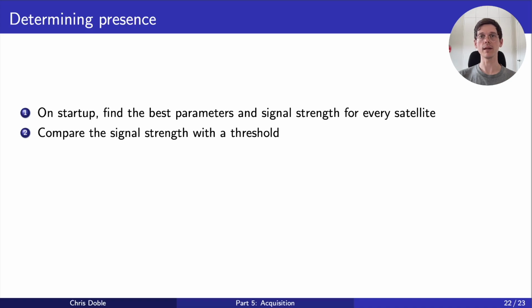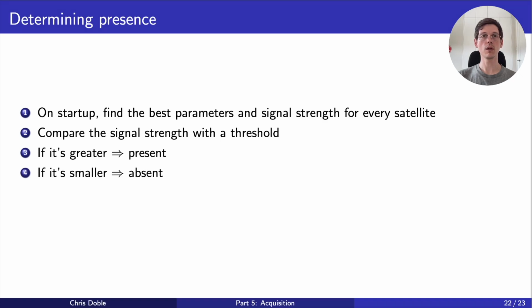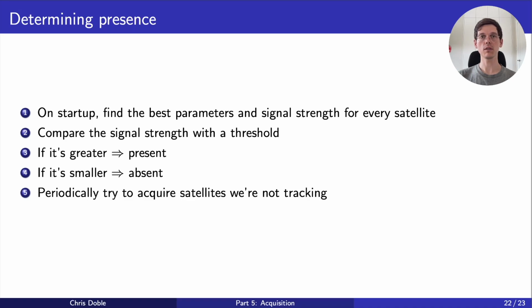If the strength is greater than the threshold, the satellite is considered present, and its parameters are passed to the next stage, the tracking stage. On the other hand, if the strength is below the threshold, the satellite is considered absent. Remember though, satellites constantly move through the sky, so even if one's not present now, it might be soon. For that reason, we periodically try to acquire satellites that we're not actively tracking.